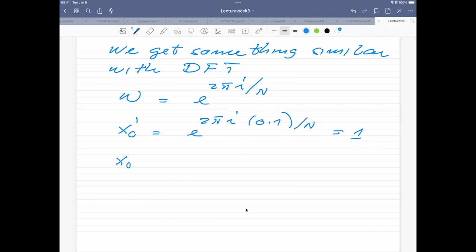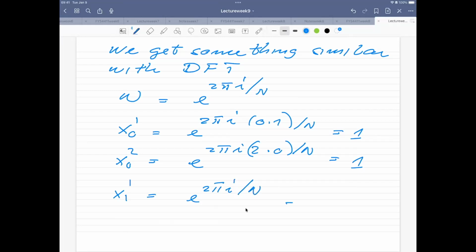I would get x_{02}, if I want to make a comparison with the polynomial expansion, with 2 times 0 divided by n, and this is equal to 1. So all the x0s are equal to 1, as we had in the Vandermonde matrix. But then if I take x1, this is e to the 2 pi i divided by n, and this is the same as omega.